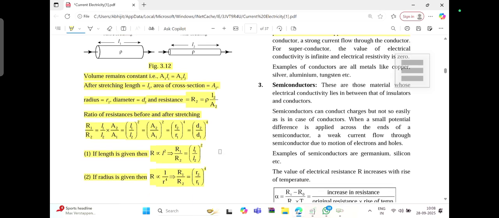So R is proportional to L square and R is proportional to 1 by R to the power 4. That's why it is inversely proportional to R, and this is L1 by L2, R1 by R2. I have already told about it also.